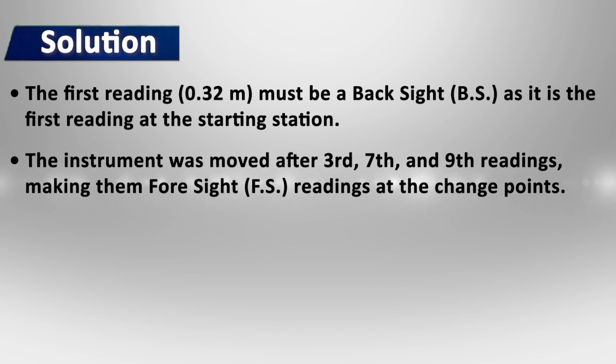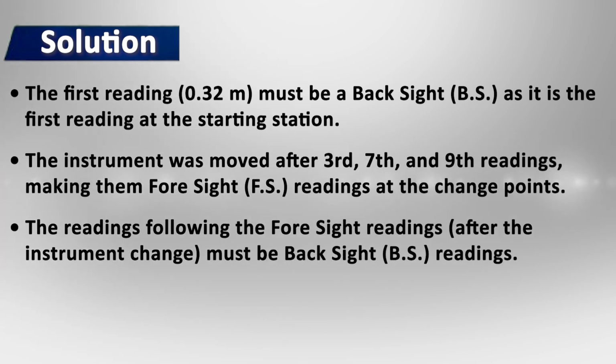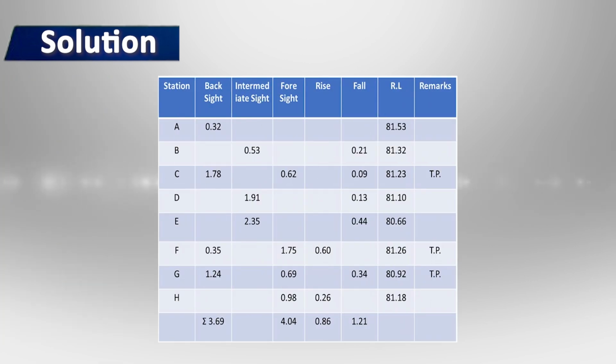The instrument was moved after the 3rd, 7th and 9th readings, making them foresight readings at the change points. The reading following these foresight readings after the instrument change must be a backsight reading. From this information, we can easily fill the field level book with these points.